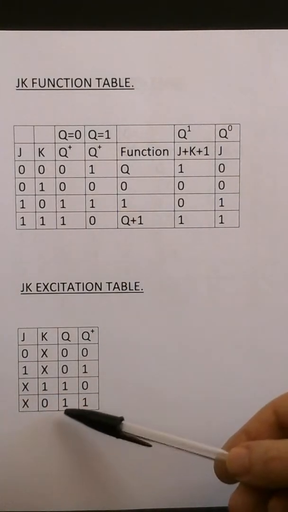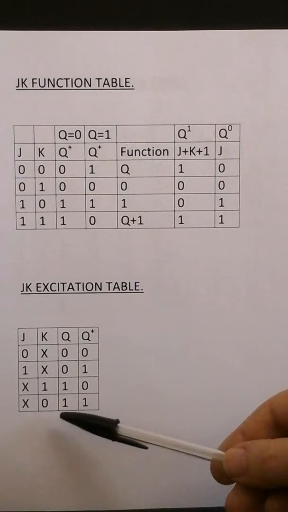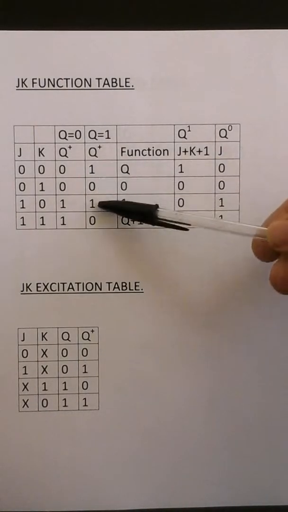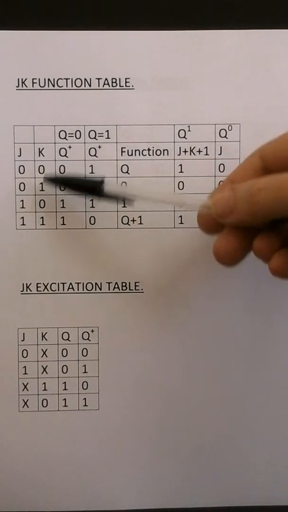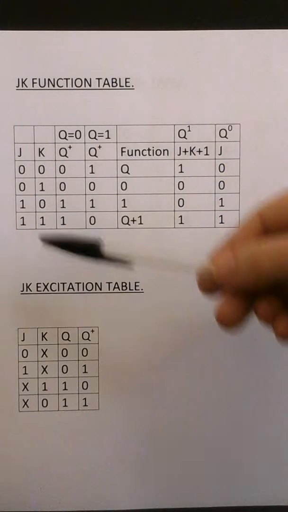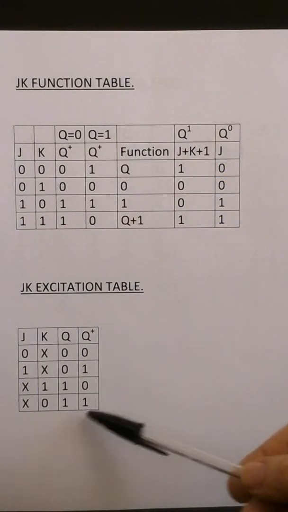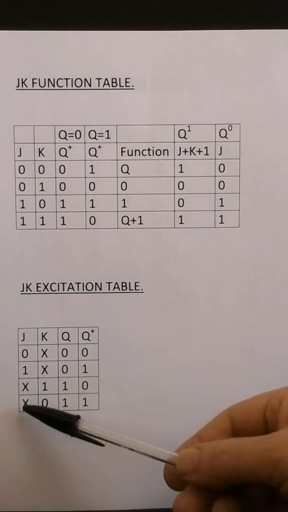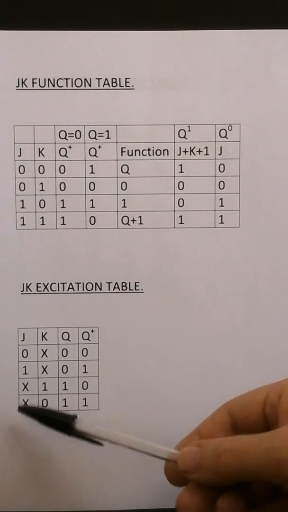And q to q plus from 1 to 1, k equals 0 and j can assume any value 0 or 1, so an x.